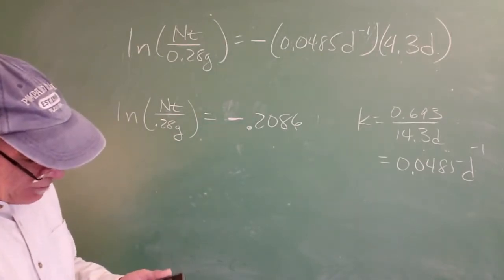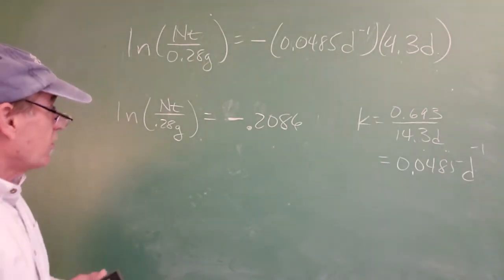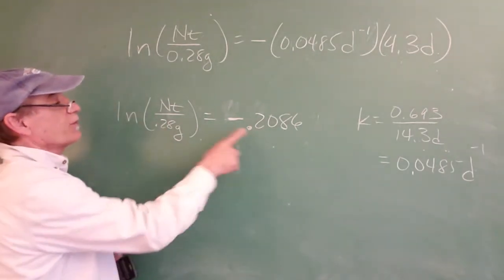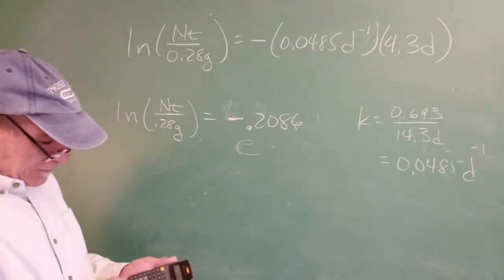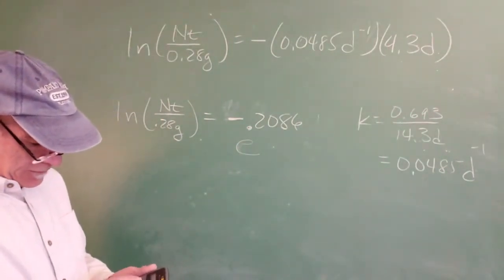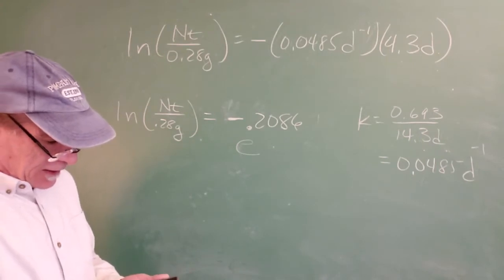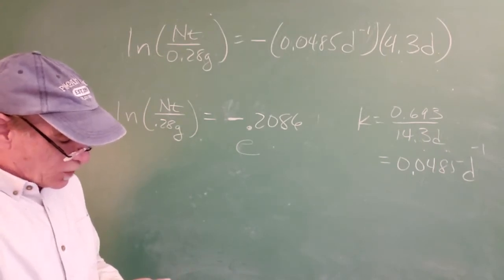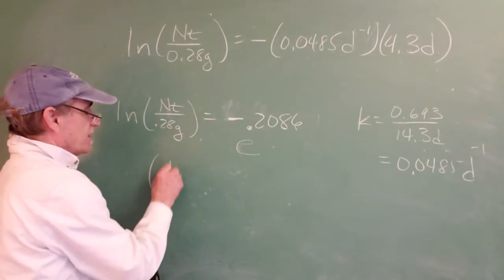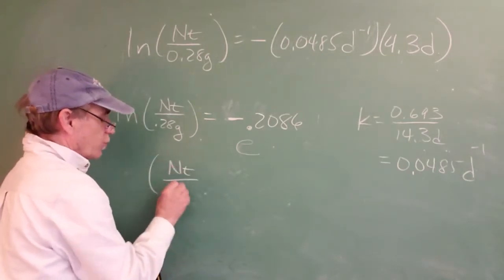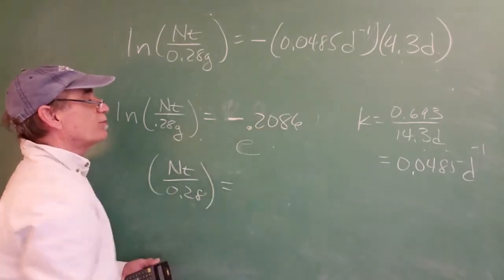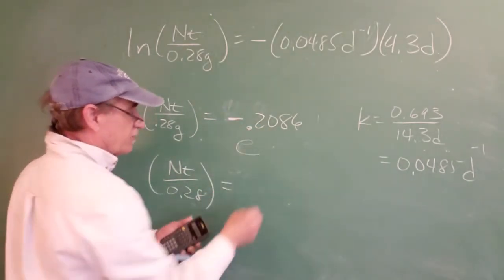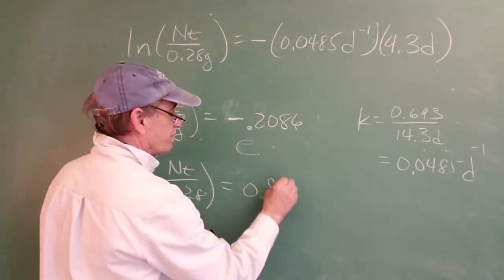Yes, negative 0.2086. Now, to get rid of the natural log, remember we have to take e to this power. And that turns out to be 0.812. So that means Nt over 0.28 would equal e to that minus 0.2086, which comes out 0.812.